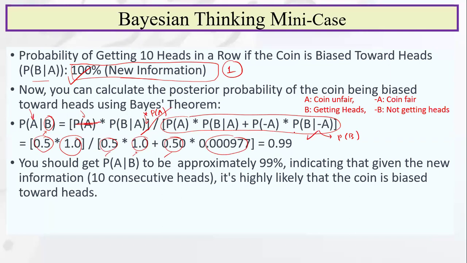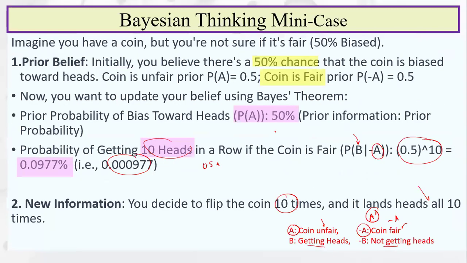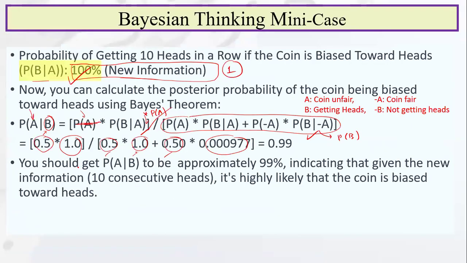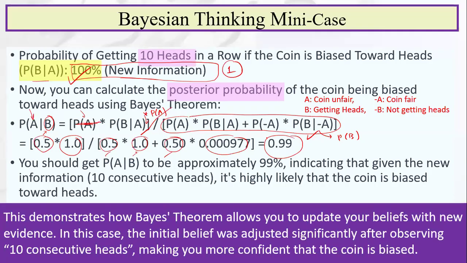We already found out earlier that B given it's an unfair coin is 0.000. So you are not 100% all the time. This is a probability that is highly likely towards the heads. You understand me?